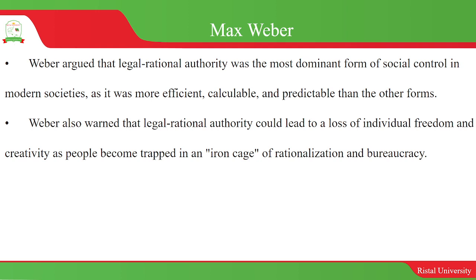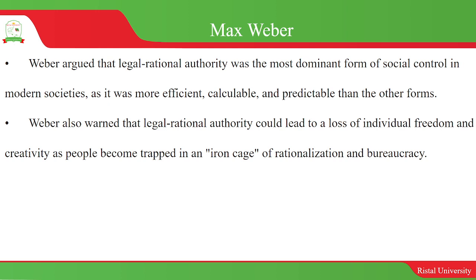So Max Weber believes that legal rational authority is the most dominant form of social control. This is to say that most people do not behave in a bad way in a society because they know that they can be punished through the legal rational authority.